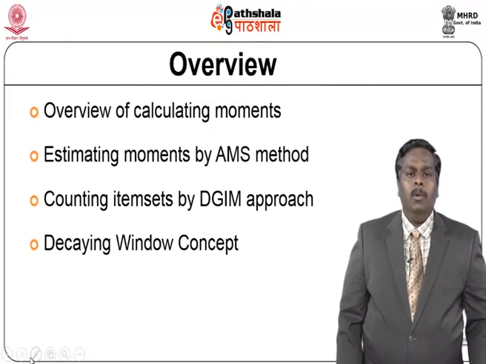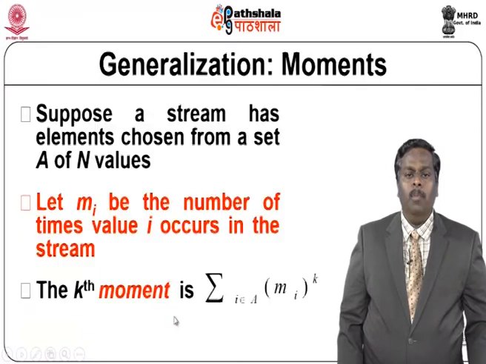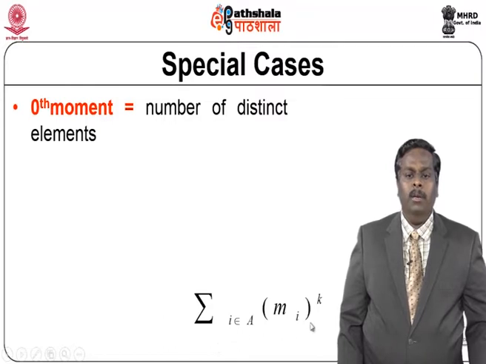When you want to compute the moments, computing moments may start with the 0th moment. Keep in your mind the equation summation of m_i to the power k. If this is going to be the 0th moment, then k will be equal to 0.